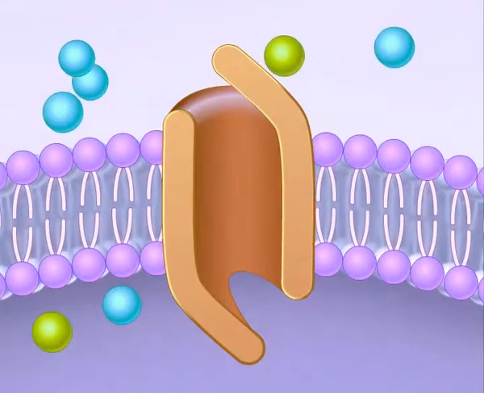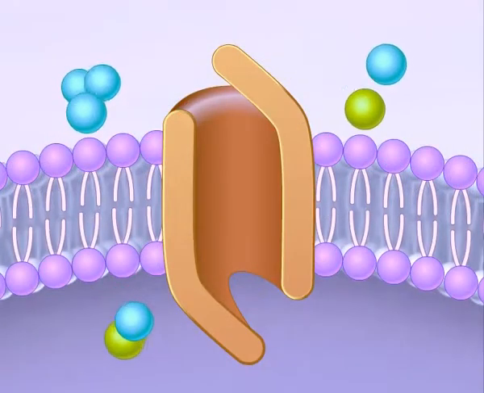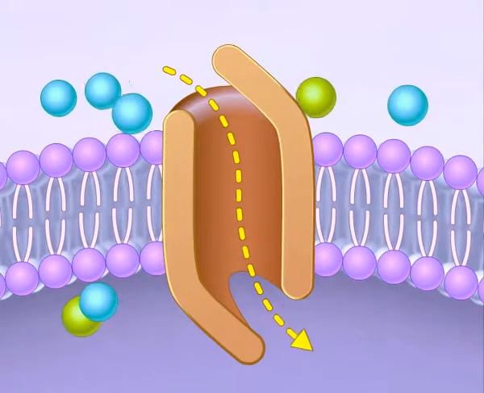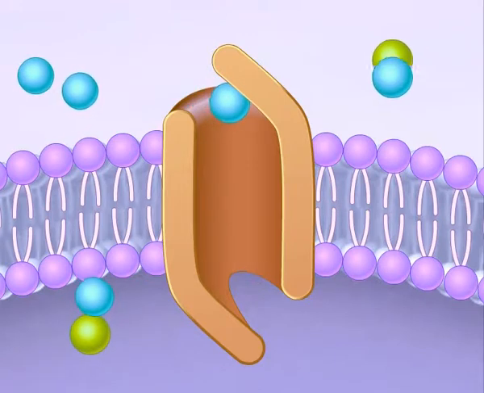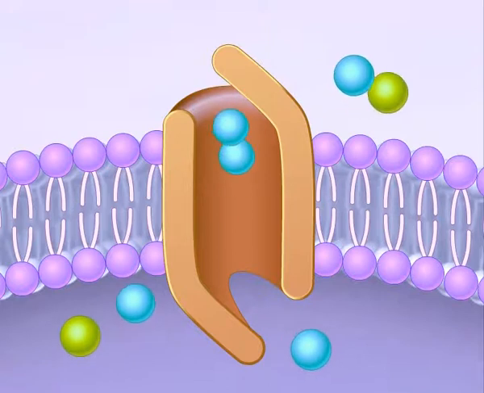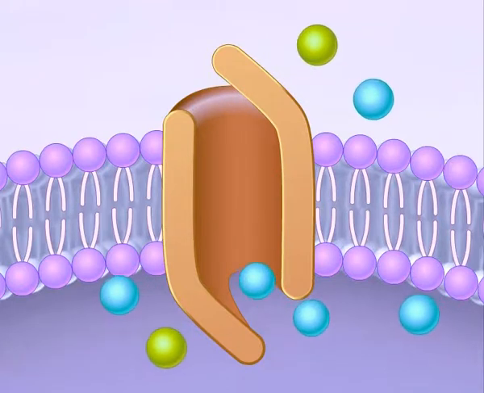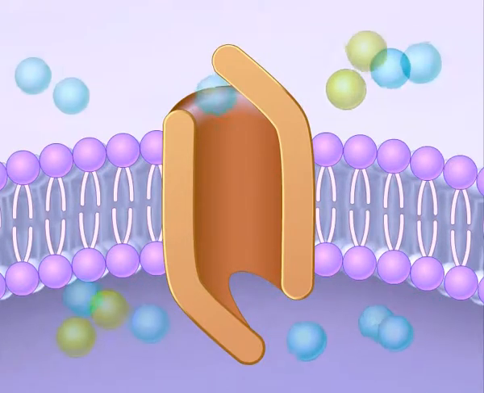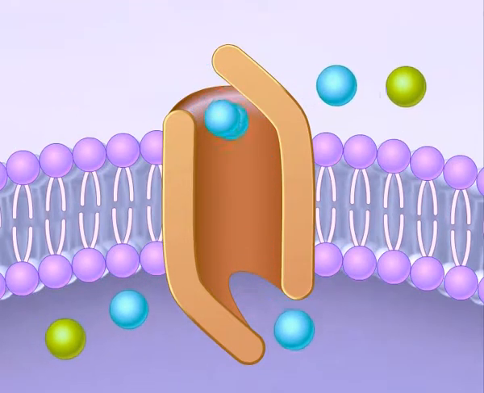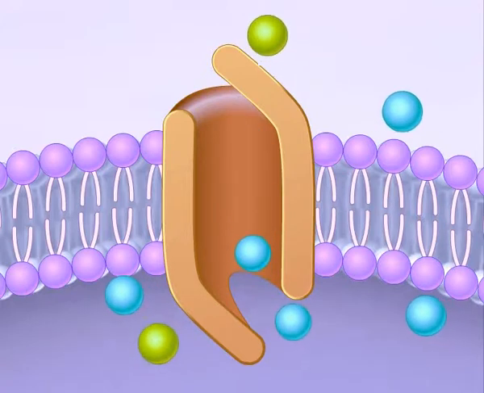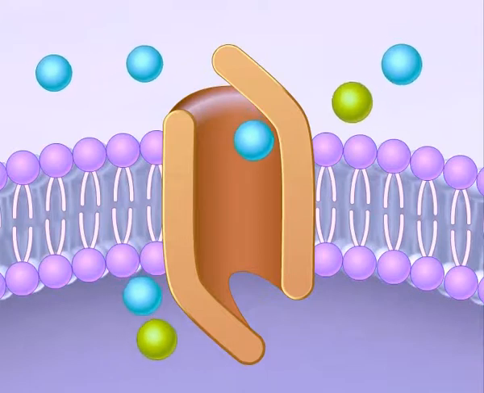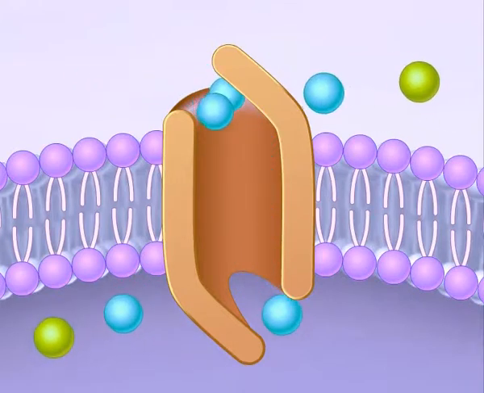In facilitated diffusion, special proteins help substances to move across membranes without expenditure of energy in the form of ATP molecules. Facilitated diffusion cannot cause net transport of molecules from a low concentration to a high concentration, as diffusion against a potential gradient would require input of energy.